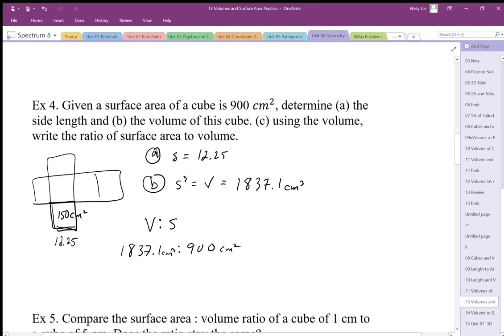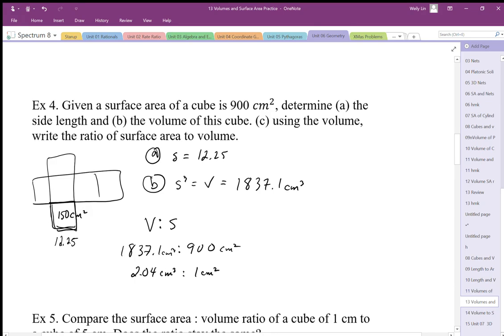And we can leave it like that, but generally with ratios we want to simplify that. So I'm going to simplify that into a unit ratio of 2.04. There's 2.04 cubes for every 1 centimeter square of surface area. So for 1 square on the surface, we get this many cubes on the inside.